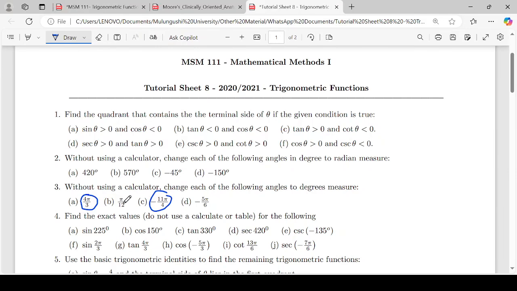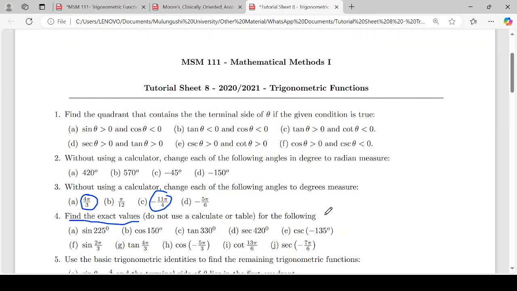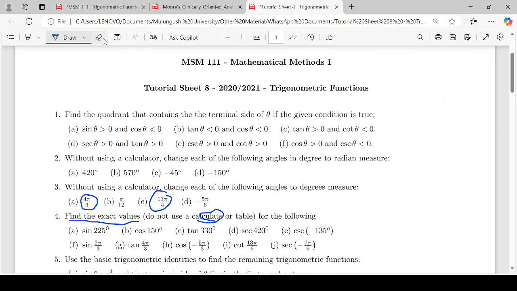I hope on your part you answered this too. So in today's lesson, we are finding the exact values of those, without using a calculator. Do not use a calculator or a table. The question I've just answered, I didn't know that it's actually here. It's in the tutorial sheet.